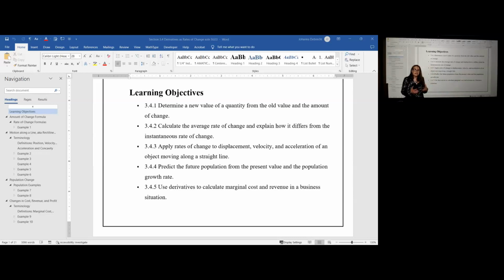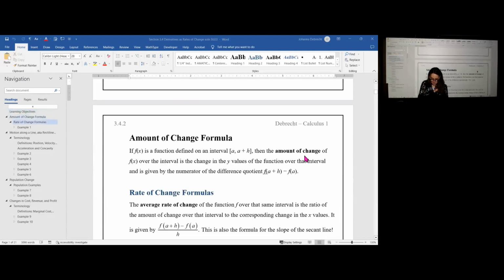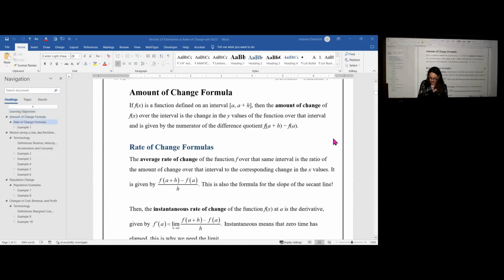Marginal cost is the idea of, well, if I've already produced 10 items, what would be the cost of producing the 11th? Or if I've sold 10 items, what's the revenue that I can expect from the sale of the 11th? And the same for profit. Let's go ahead and get into it now by taking a look at the amount of change formula.